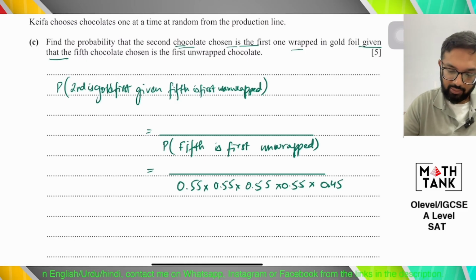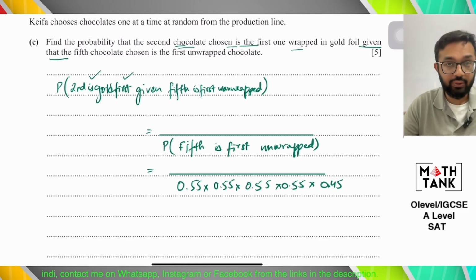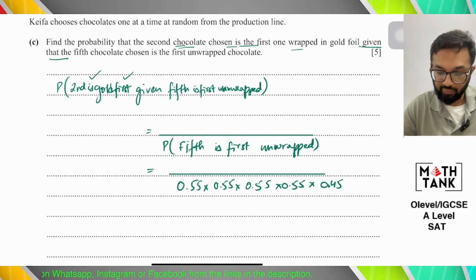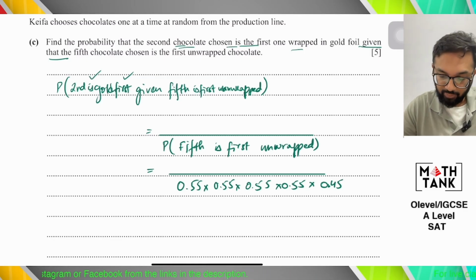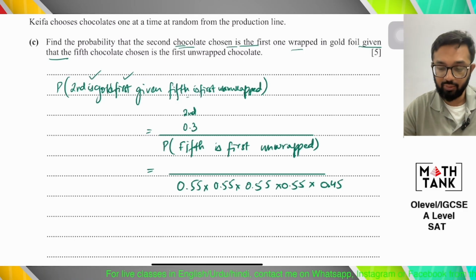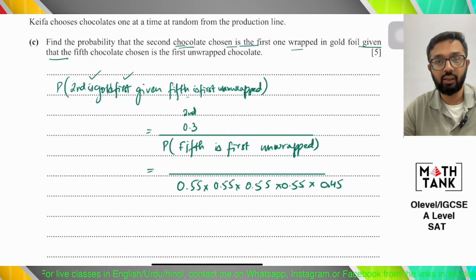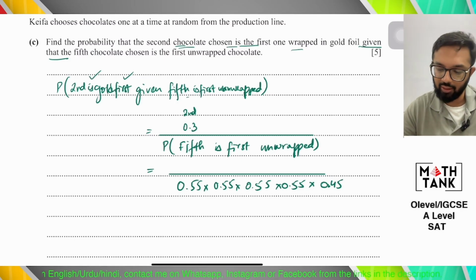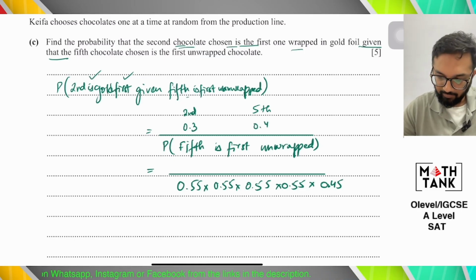Then in the numerator, what I want is second is gold first. So the second chocolate is the first gold. So what I'm going to do is figure out the places. So that's the first gold, so that would be 0.3. Then I also want the second condition to be satisfied here. Why? Because the given condition basically comes up with an and in the numerator. So the fifth one has to be 0.45.